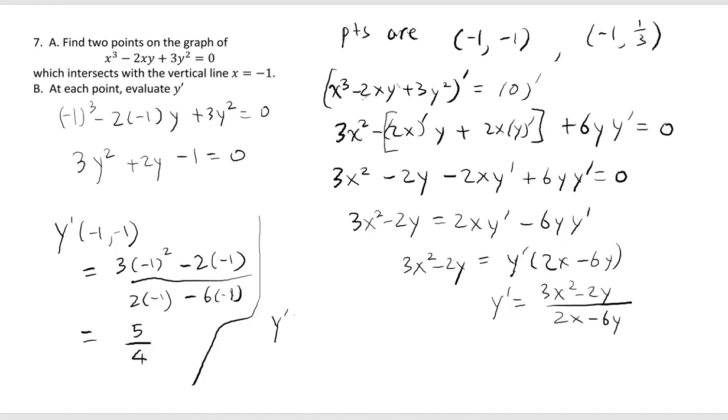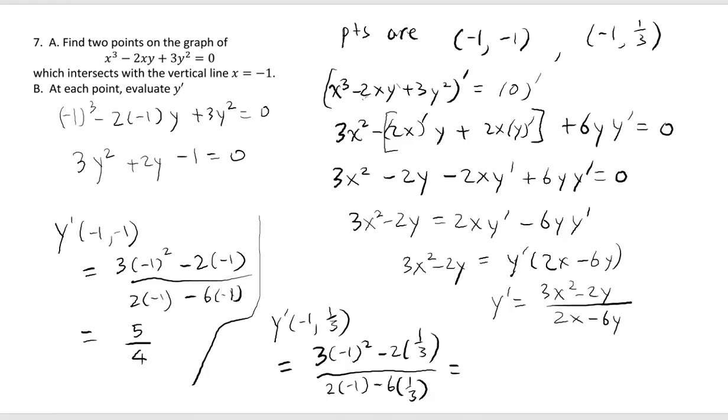And then for y prime at -1 and 1/3, this is 3 times -1 squared minus 2 times 1/3 over 2 times -1 minus 6 times 1/3. This is 3 minus 2/3. And then 6 divided by 3 is 2. And that's also -2. So -2 minus 2 is -4 down here.